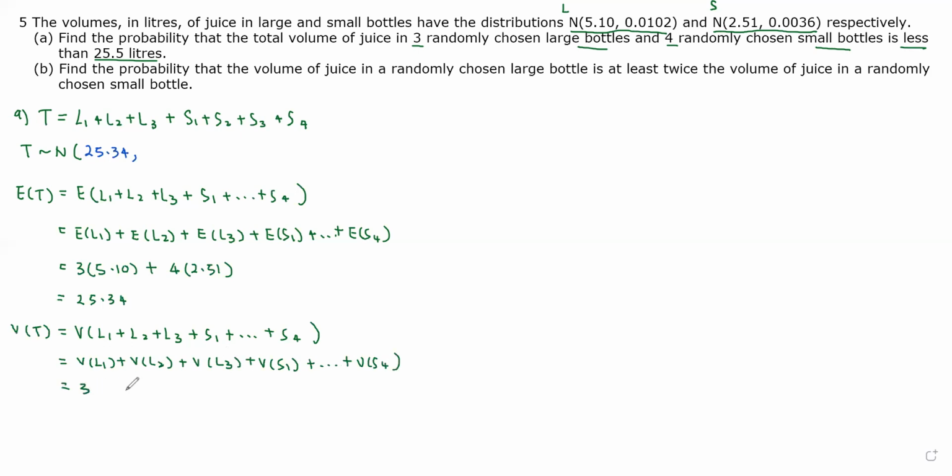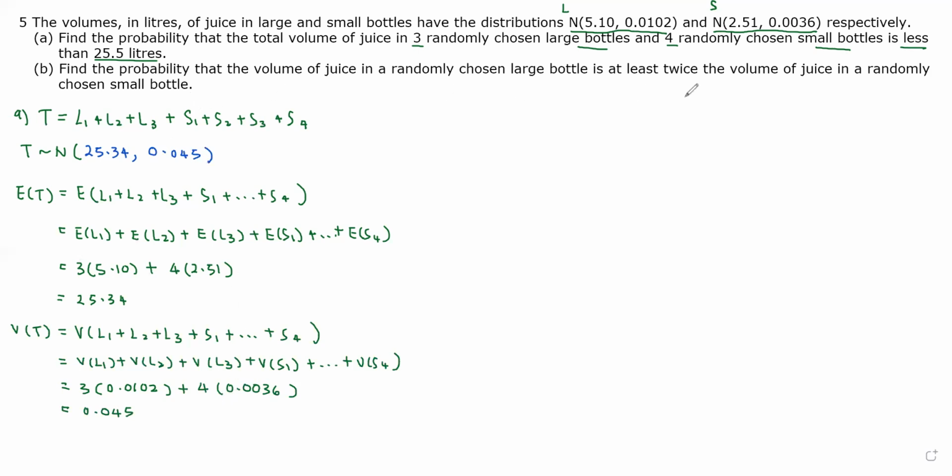And this will give you 3 times the variance of L, which is 0.0102. And we have 4 of the variance of S, which is 0.0036. And we have a value of 0.045. That gives us the variance of T.